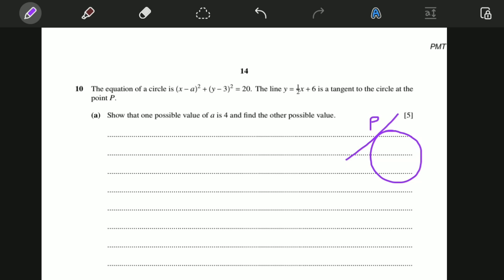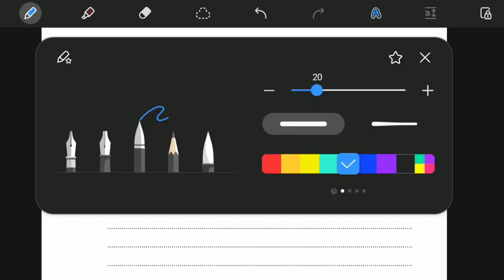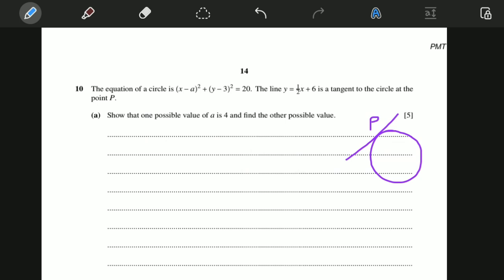If we have one point of intersection between a curve and a line, then we know that the discriminant, b square minus 4ac, equals 0. But before that, we have the equation of a circle and the equation of a line.